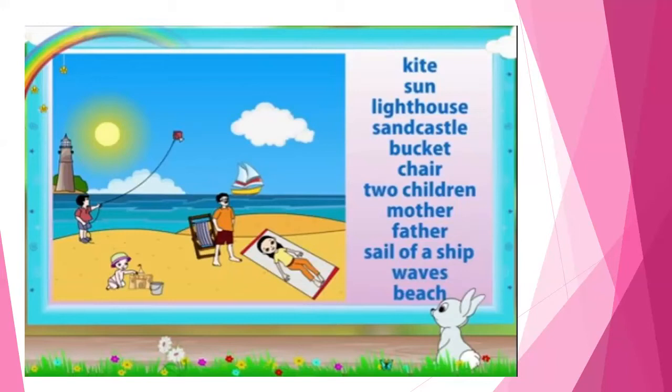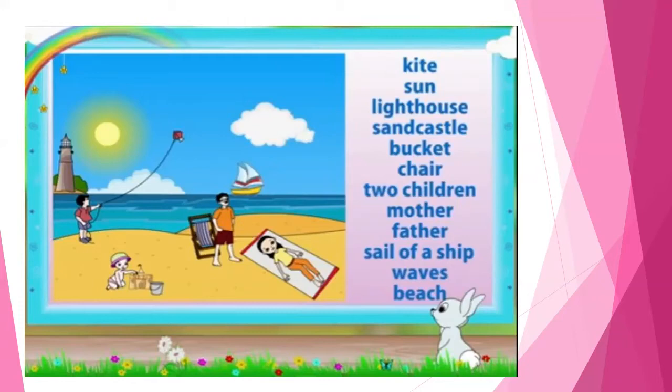The nouns like kite, sun, lighthouse, sandcastle, bucket, chair, two children, mother, father, sail of a ship, waves, beach. These are all naming words, and naming words are called nouns.